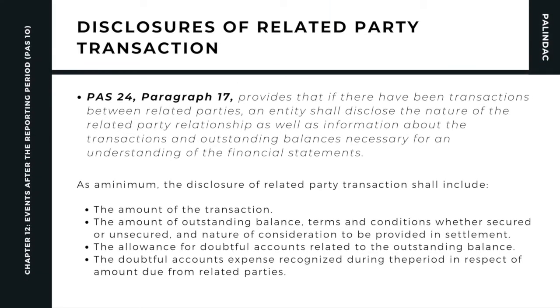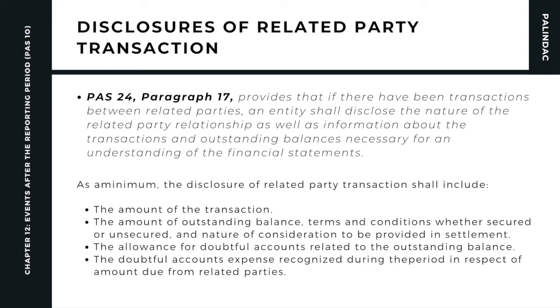Disclosures of related party transactions. PAS 24 paragraph 17 provides that if there have been transactions between related parties, an entity shall disclose the nature of the related party relationships as well as information about the transactions and outstanding balances necessary for an understanding of the financial statements.